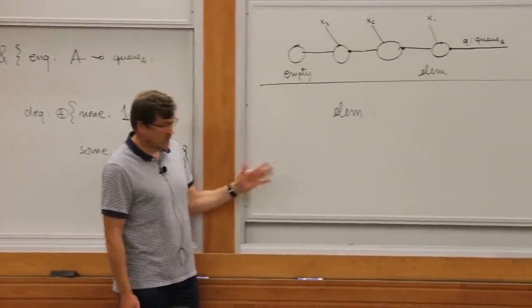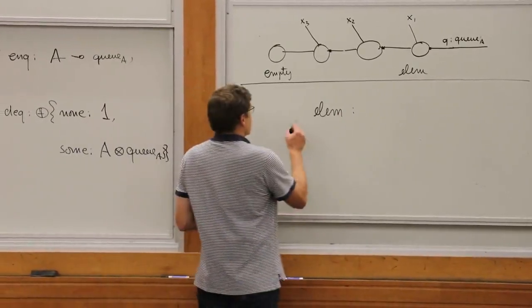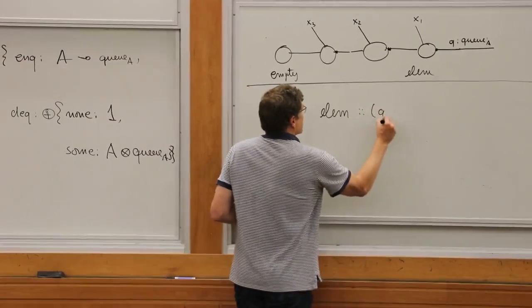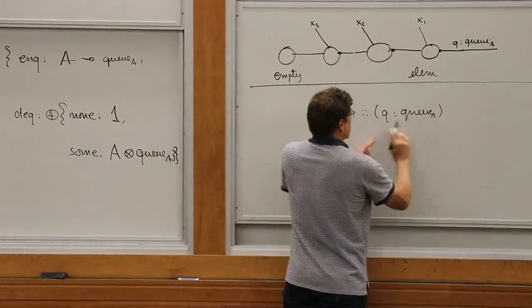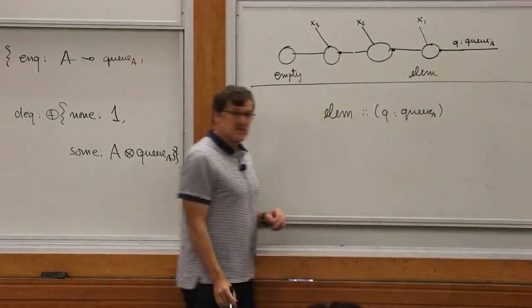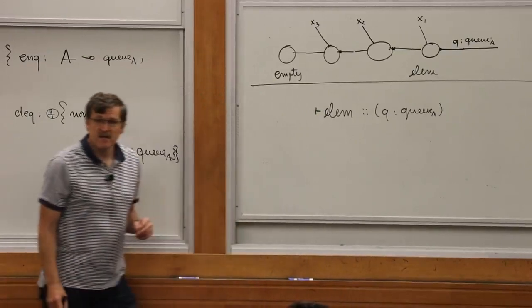So what is the type of element? It's a process offering some type Q of A. That's easy, right? It's on the right-hand side because we're providing the Q service to the outside. And what does it depend on the left-hand side?